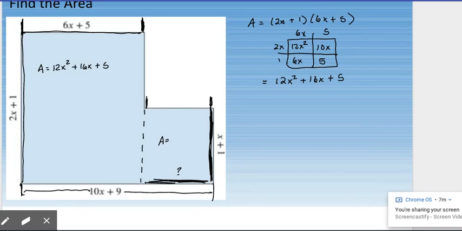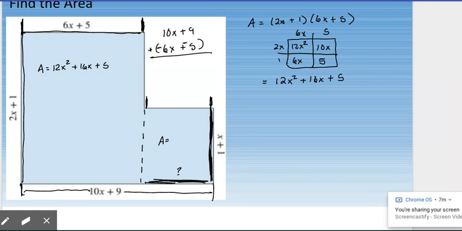In order to figure out this side, I'm just going to take 10x plus 9 and subtract 6x plus 5. Now remember, if I'm subtracting this, I'm going to distribute a -1. So this is going to be -6x and -5.